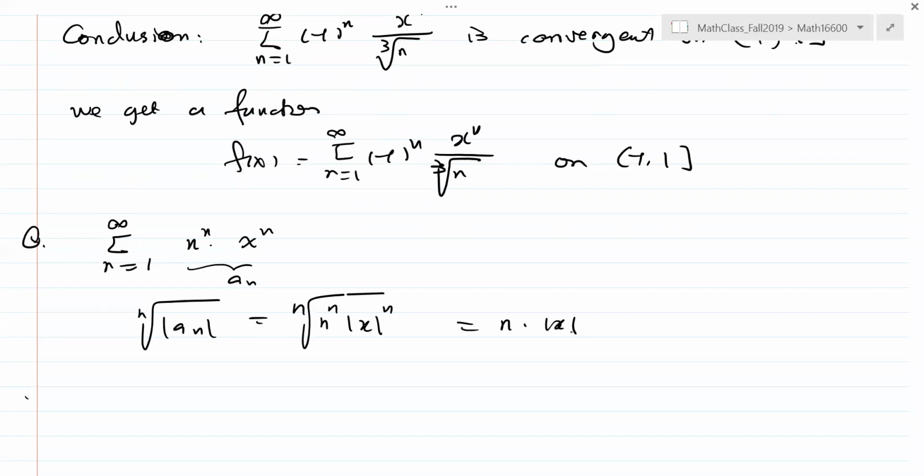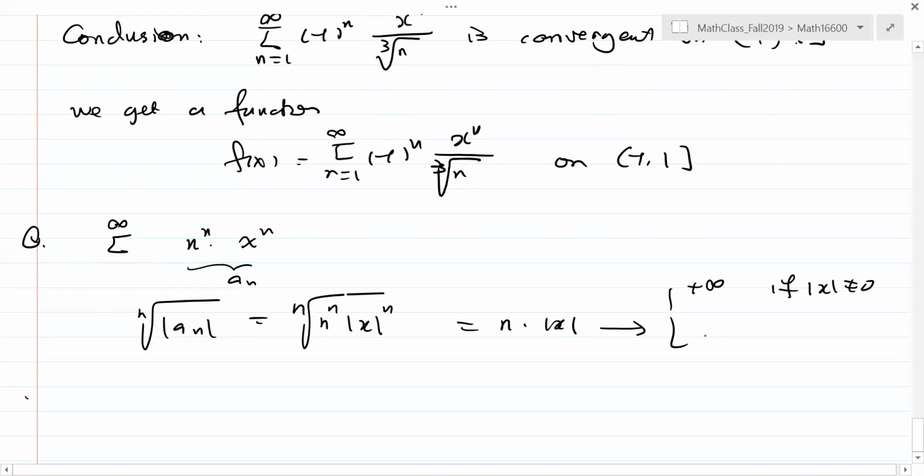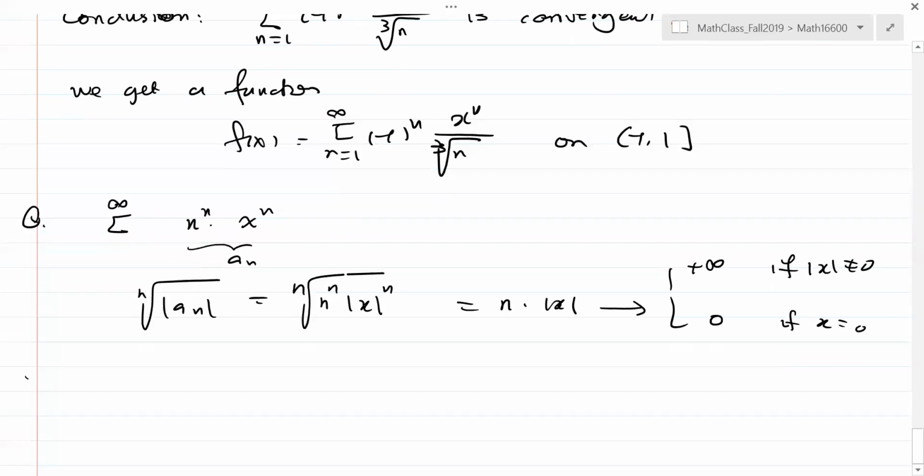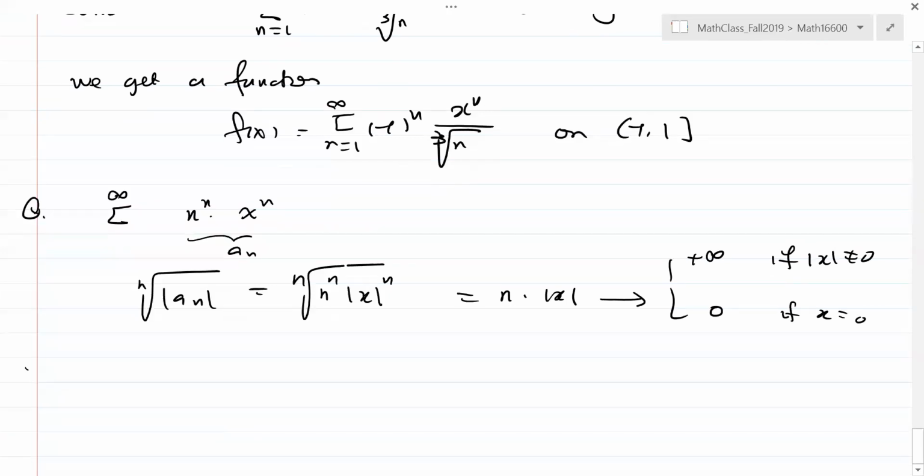There are only two possibilities: it goes to infinity if x is not 0, or to 0 if x is always 0. So only when x equals 0 is it convergent. If x is not equal to 0, the limit is infinity, so it's greater than 1, therefore it's divergent.